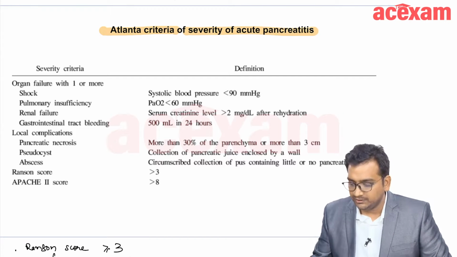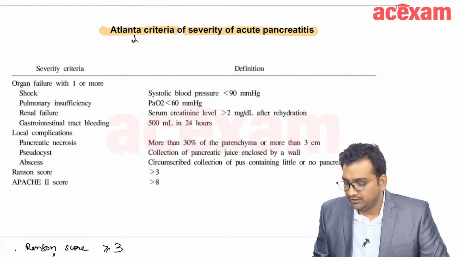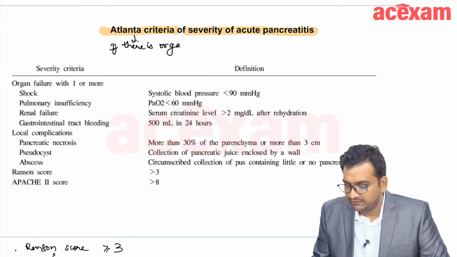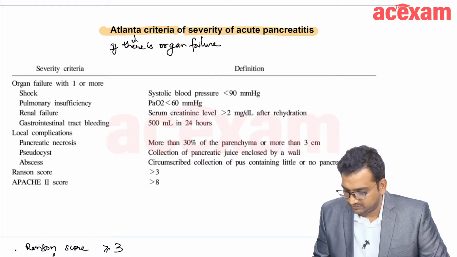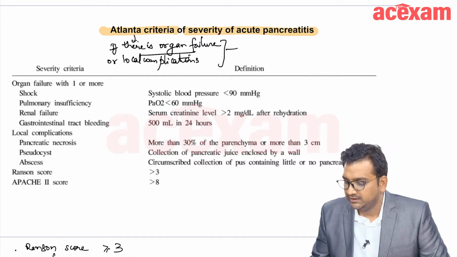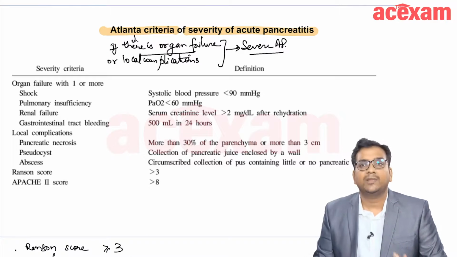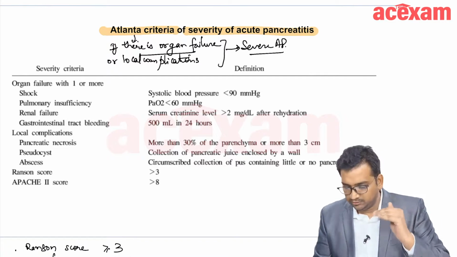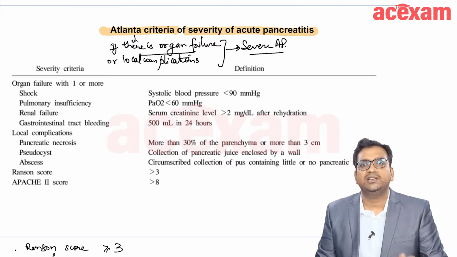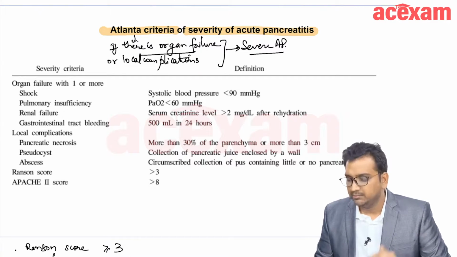Second point, based on Atlanta criteria, if there is organ failure or local complication, this indicates severe acute pancreatitis.